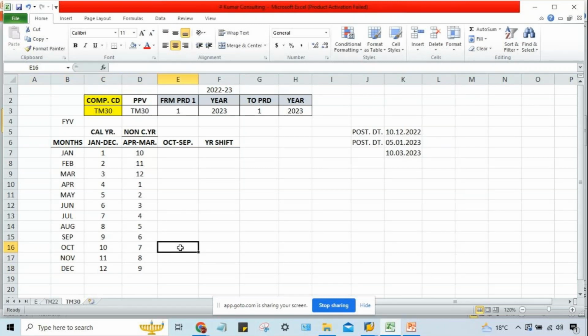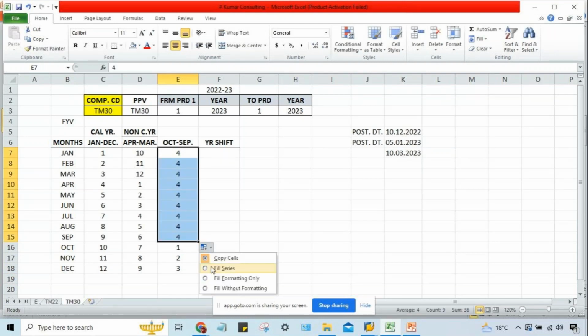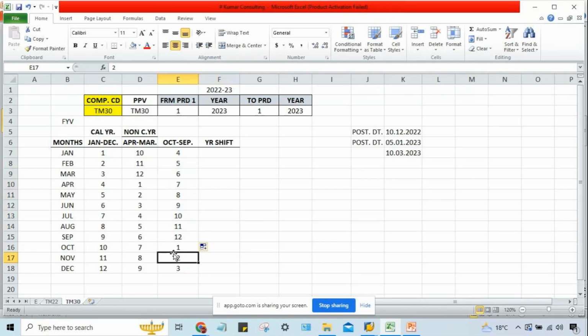So October onwards, first period, and then fourth. Try to understand this one, guys. Very simple. As per calendar year, we are in 2022, from January to December, right? Now, the client is using October to September.